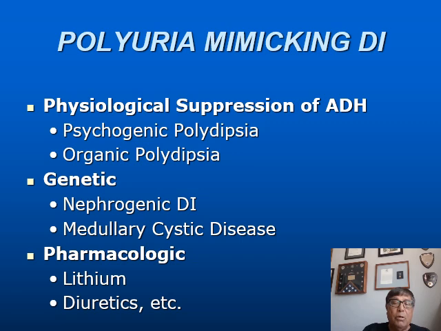We'll talk a little bit about that. And the medullary cystic disease, where the kidney loses the concentration ability and the body produces diluted urine. And some pharmacological agents like lithium, diuretics, etc.